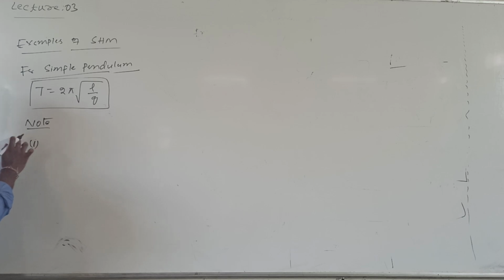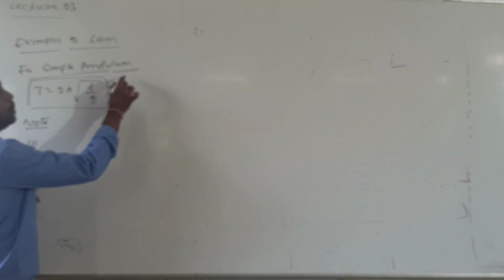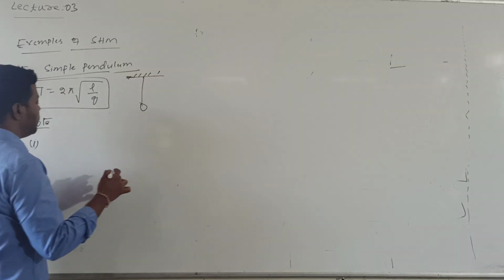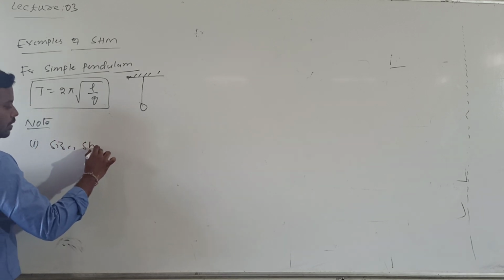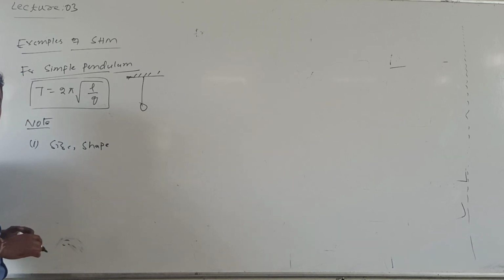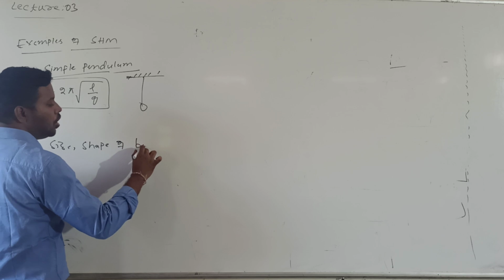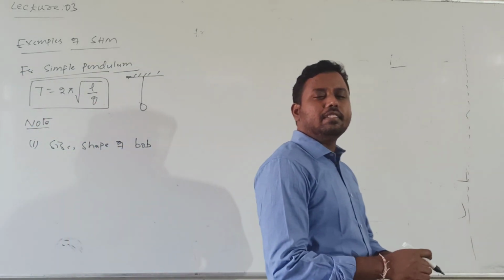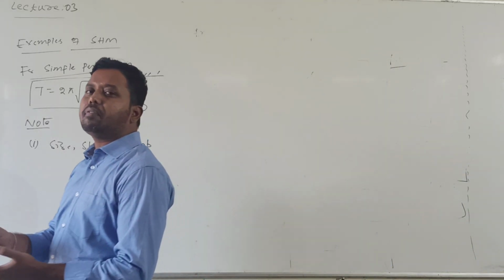Under this note, point number 1. This time period value does not depend upon, this is for simple pendulum now, the size and shape of the bob or point mass. Whatever the shape let it be and whatever the size let it be, time period will not be affected by size or shape of the bob.